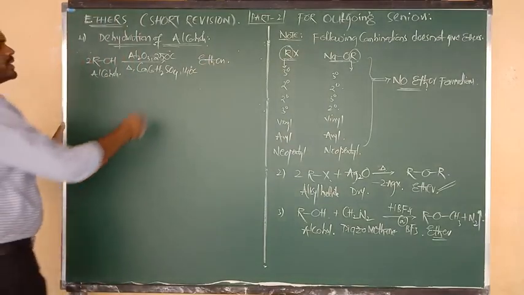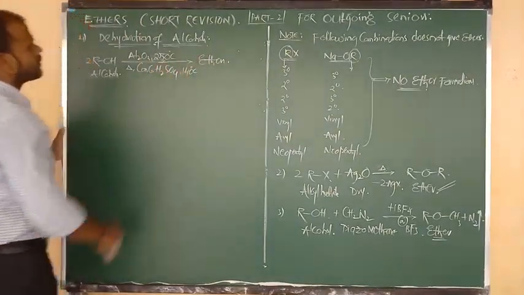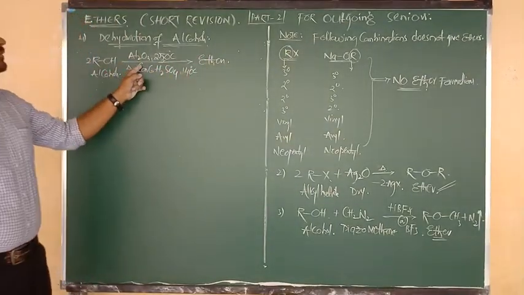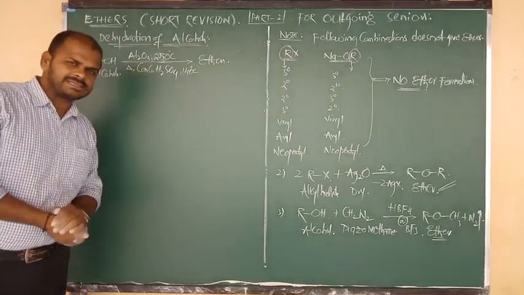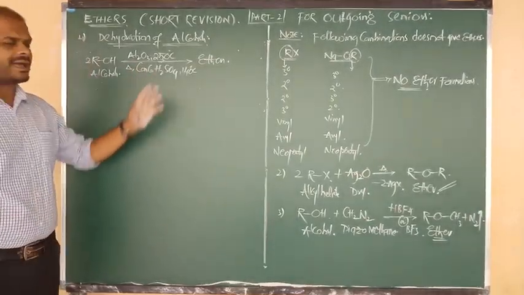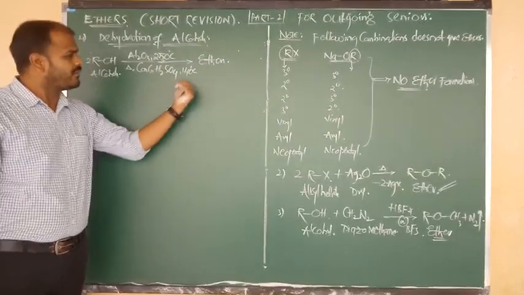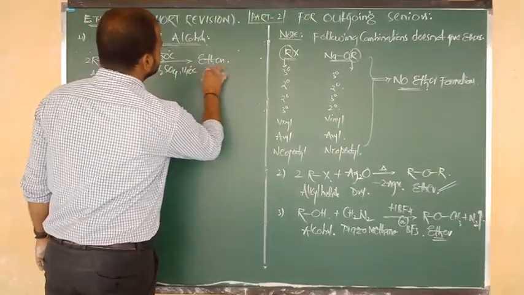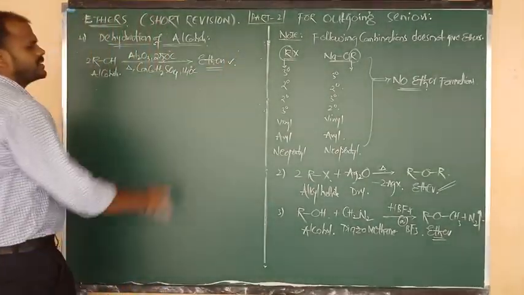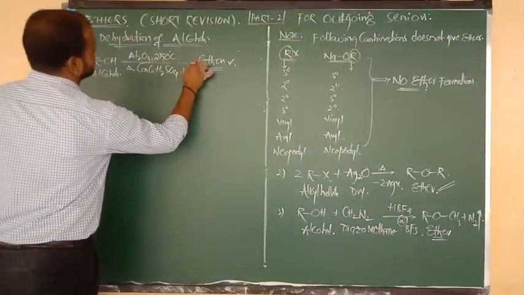Once again I will repeat the statement: alcohols on heating with alumina at 250 degrees Celsius, or on heating with concentrated sulfuric acid at 140 degrees Celsius, form the product ethers.